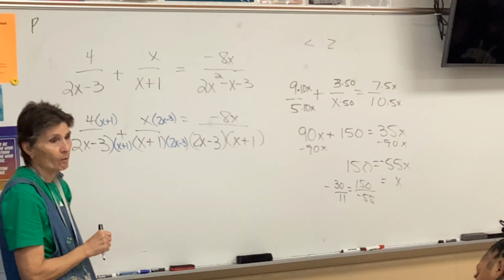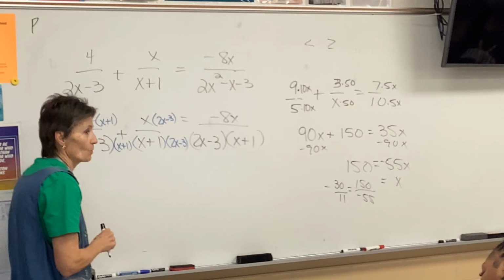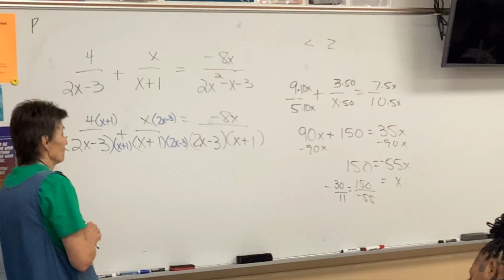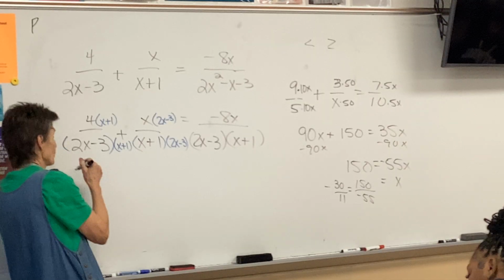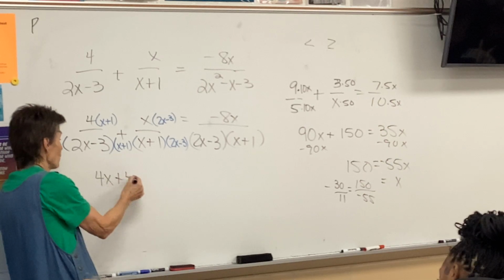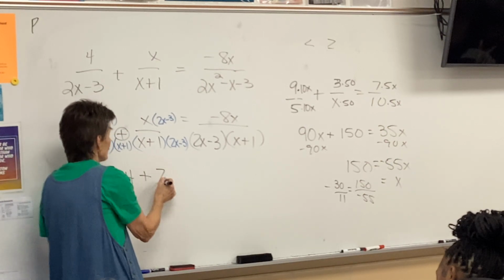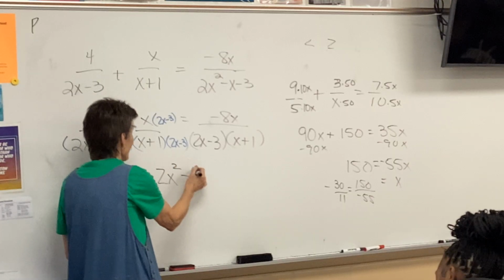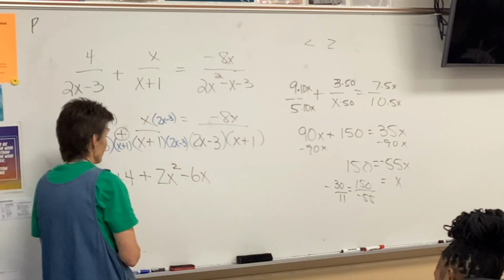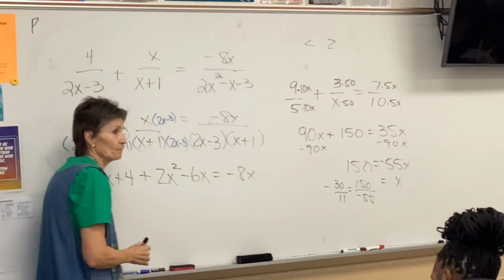Okay, what happens now? All my denominators match. So what happens now? They're gone. So I'm going to distribute on the top. So I have 4x plus 4 plus 2x squared minus 6x equal to negative 8x.